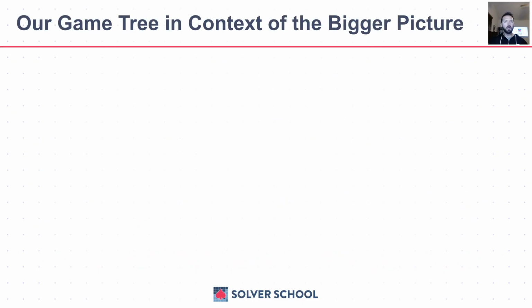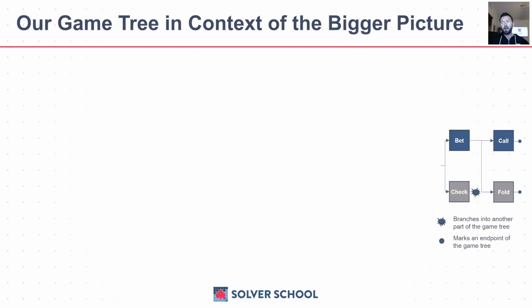I want to really hammer this point home as to how big and complex game trees can be, because game trees can be huge. I want to look at our game tree in the context of the overall picture. We looked at the game tree of the shove from a hero, and the villain could either call or fold. But we had other options here.